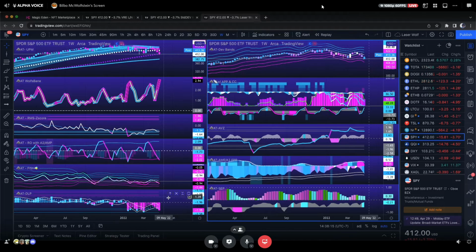Look at the DLP. Anybody that uses a DLP, that's the weekly. Just ugly is what it is building right now. It depends on what happens next week. If that is the low of this move down on the DLP, there is definitely going to be bull div.